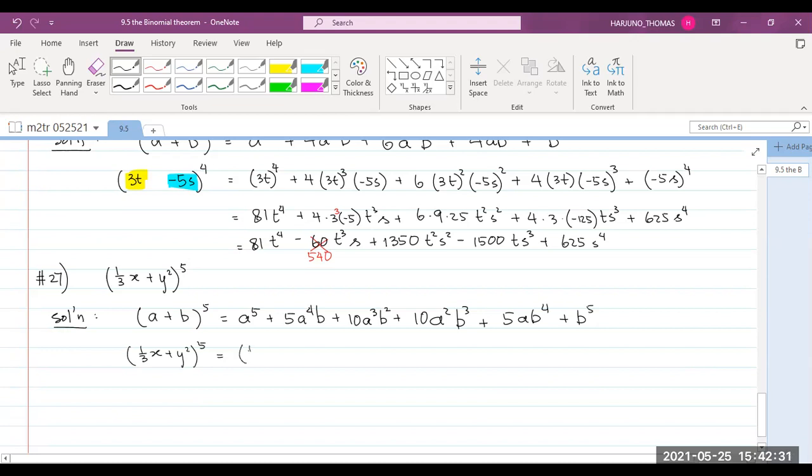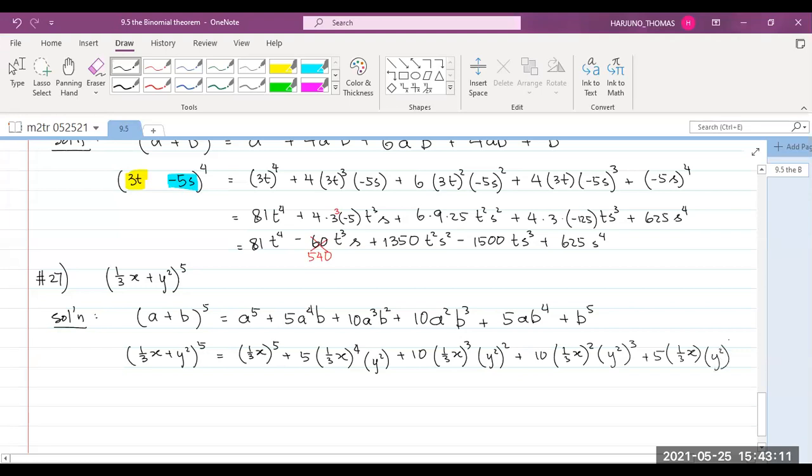So this will be (1/3 x) to the 5th, that's my a to the 5th, plus 5 times a to the 4th b, plus 10 times a cubed b squared, plus 10 times a squared b cubed, plus 5 a b to the 4th, plus b to the 5th.